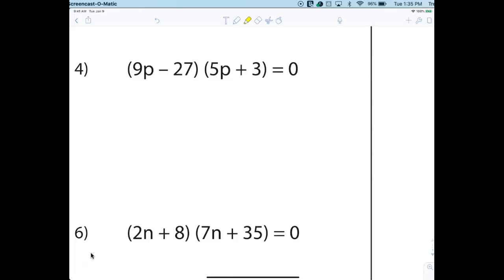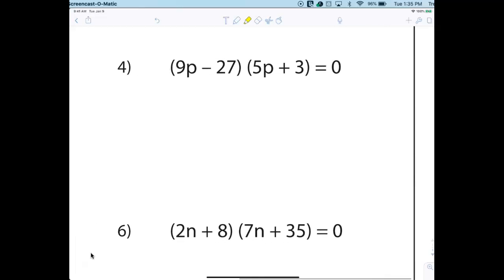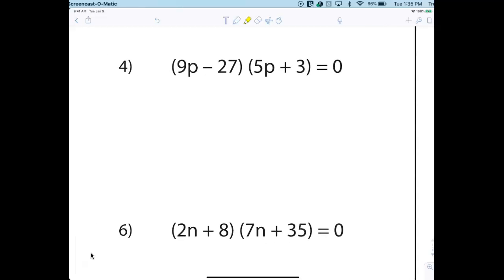Now, again, all we're doing is setting the individual factors equal to 0. So we're going to write again, 9p minus 27 equals 0, 5p plus 3 equals 0. Now, once we're at that step, you solve the individual equations.